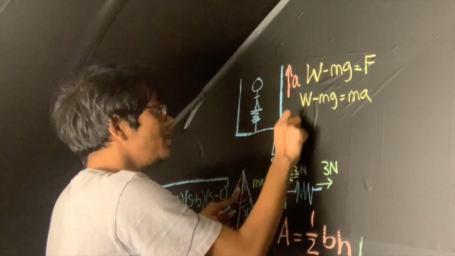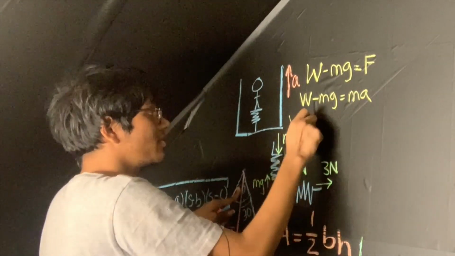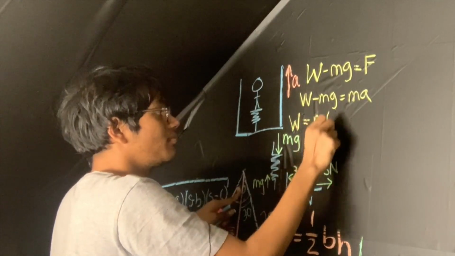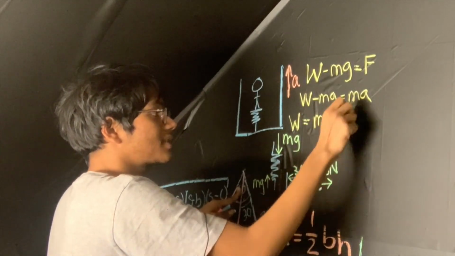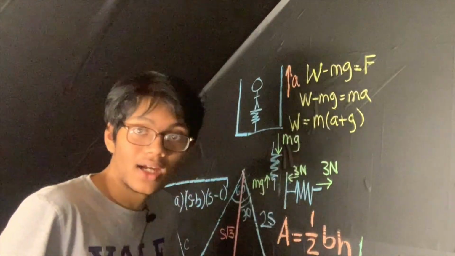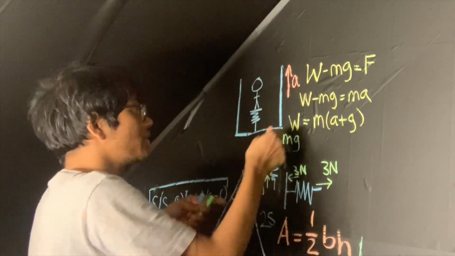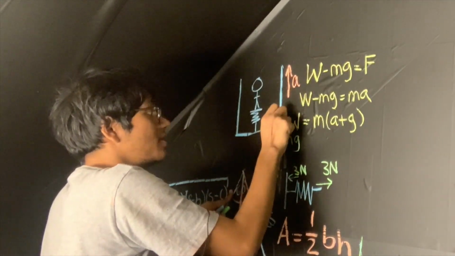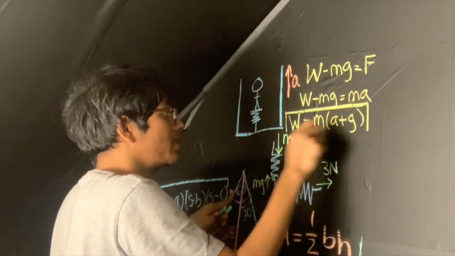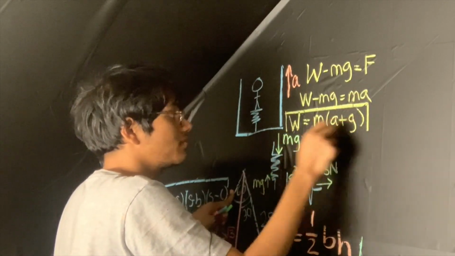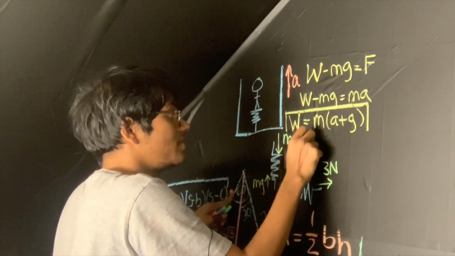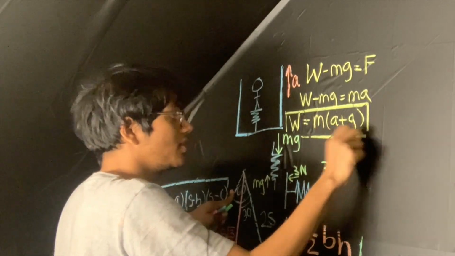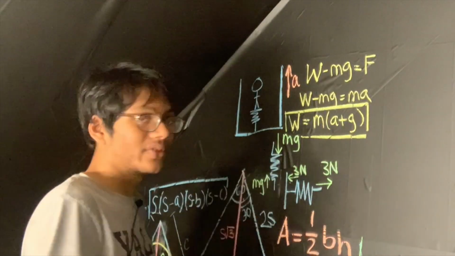And so the weight you feel when the elevator is accelerating upwards is simply your mass times the acceleration due to gravity plus the acceleration of the elevator itself. This formula is going to give you the weight you feel when the elevator is going up.